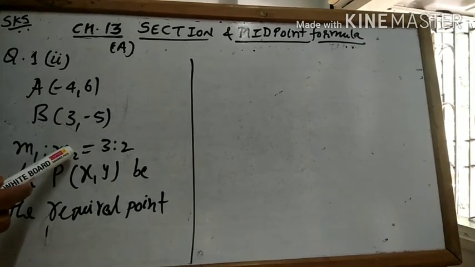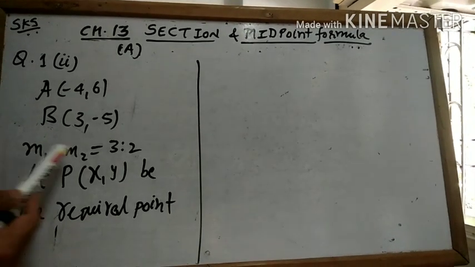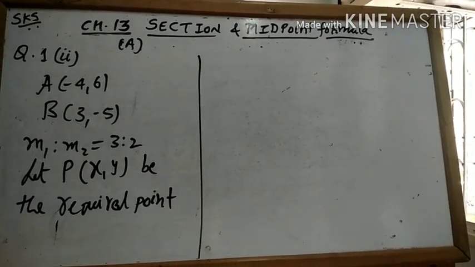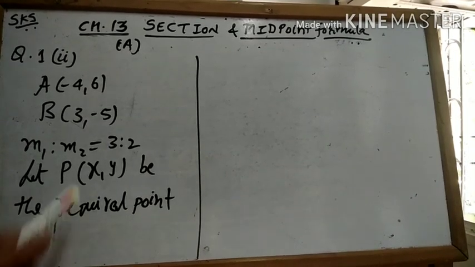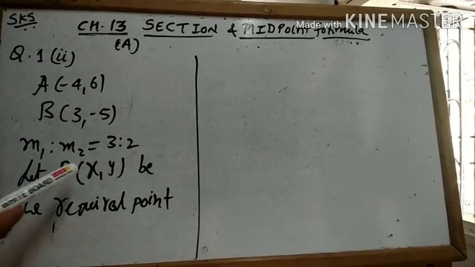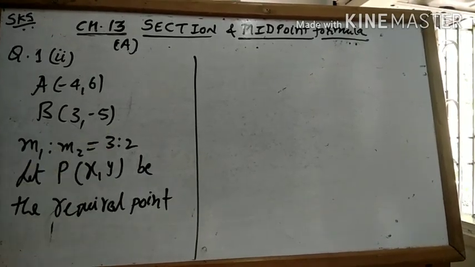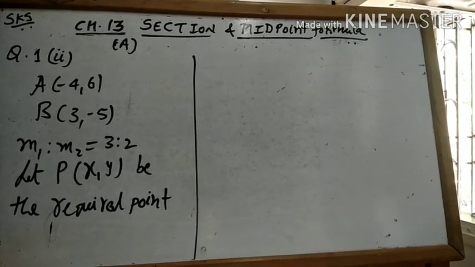This M1:M2 is not given in the textbook as such, but in the formula we are going to use it as M1:M2. There is one point on segment AB whose coordinates we do not know, so I am going to label it x comma y, and name the point P. Let P(x, y) be the required point which divides segment AB in the ratio 3:2.